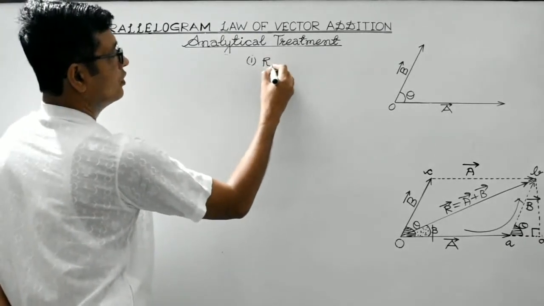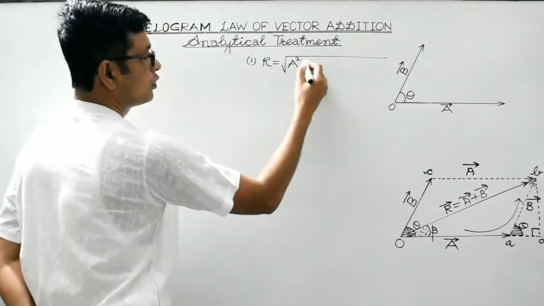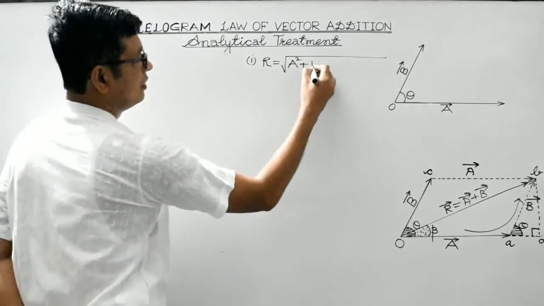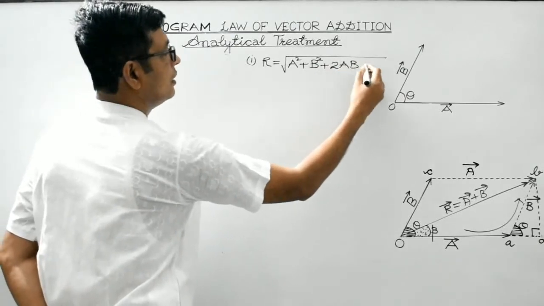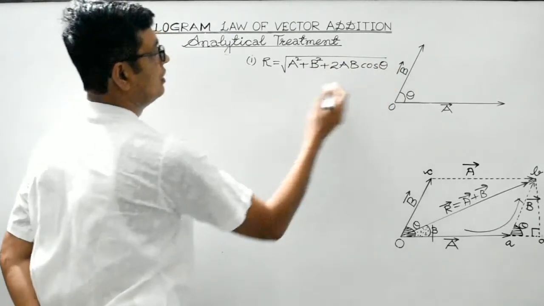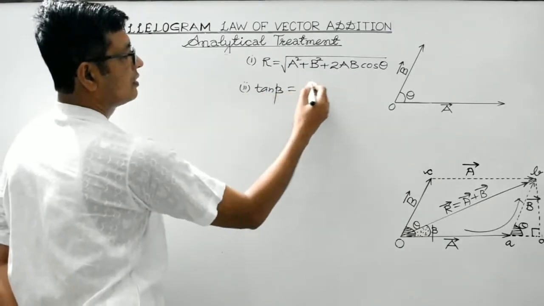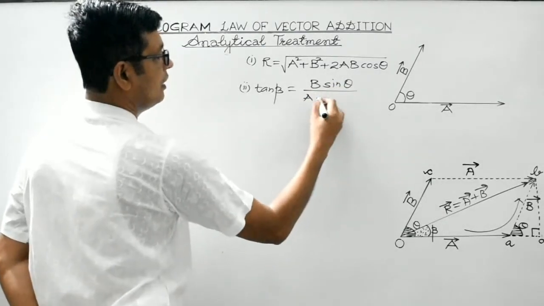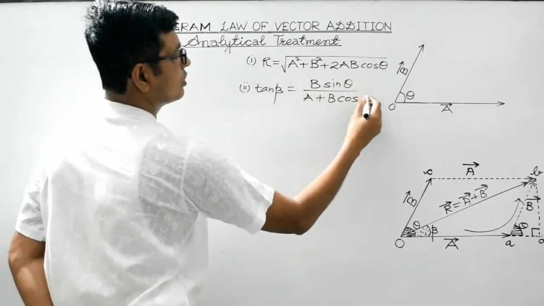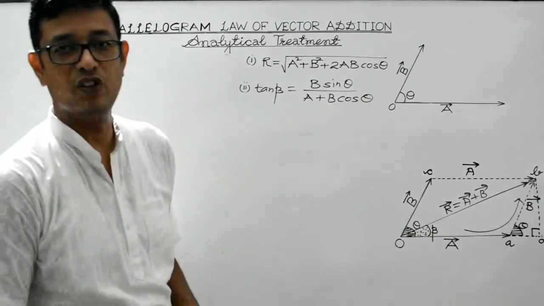Regarding the magnitude, it is given by square root of A square plus B square plus twice AB cos theta. And second, its direction, tan beta is equal to B sin theta divided by A plus B cos theta. These are the two formulas which we have derived just now, right?